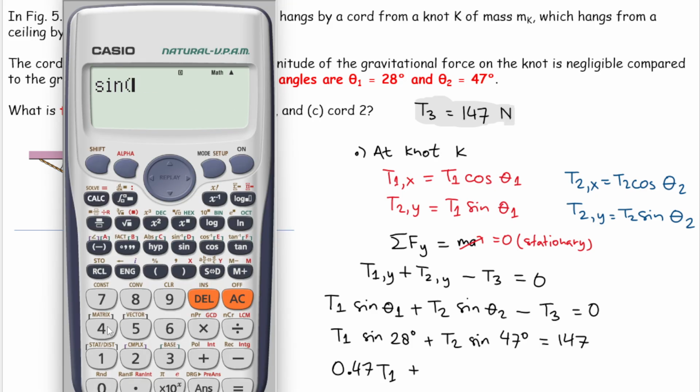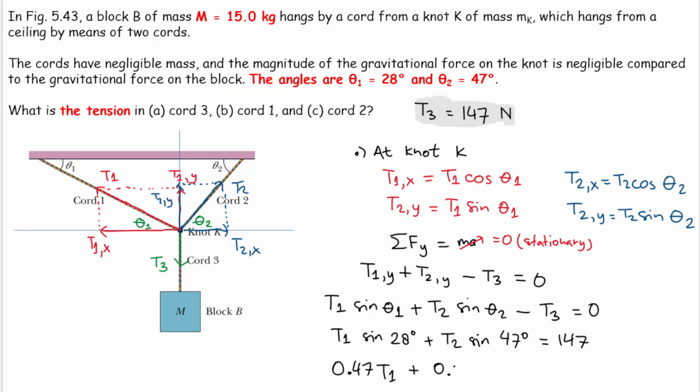What is sine 47? We'll have 0.73. So 0.73 of T2, and that will equal 147. I think there is nothing more we can do from here. Let's set this as equation number 1. Good. Now let's do it on the x direction.